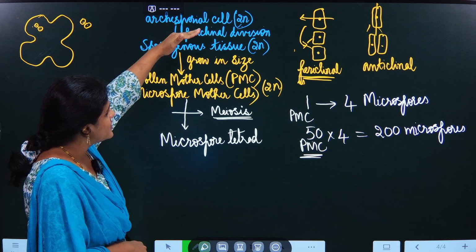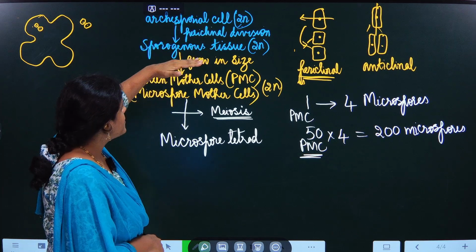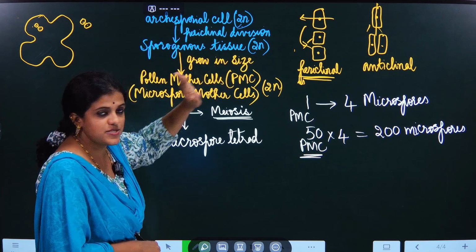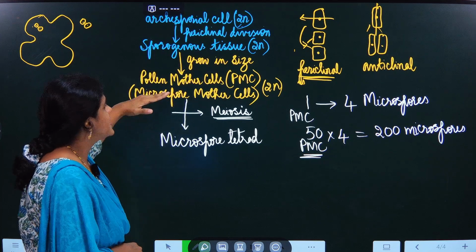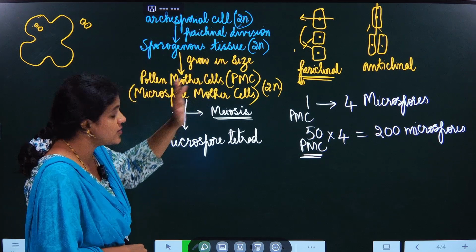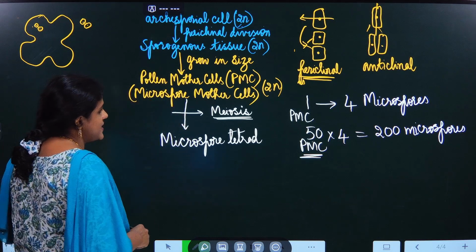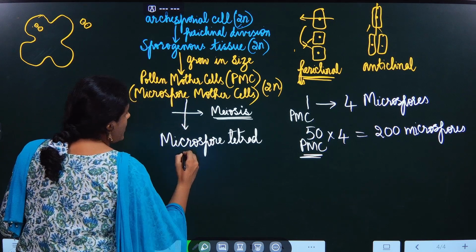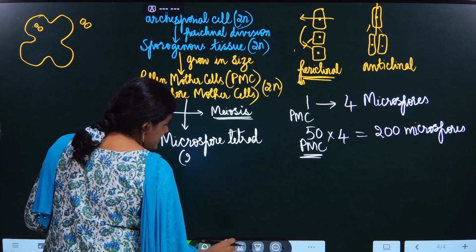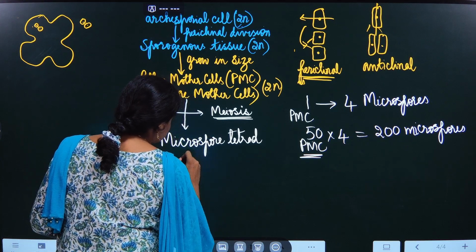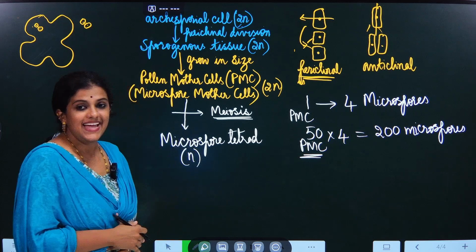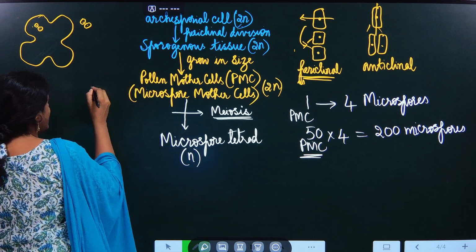So the archesporial cell, which was diploid, produced sporogenous tissue, which is diploid. They grew in size and formed pollen mother cells, which are also diploid, and they underwent meiosis to form the microspore tetrad. Is it diploid or haploid? They are haploid. And how do they look?